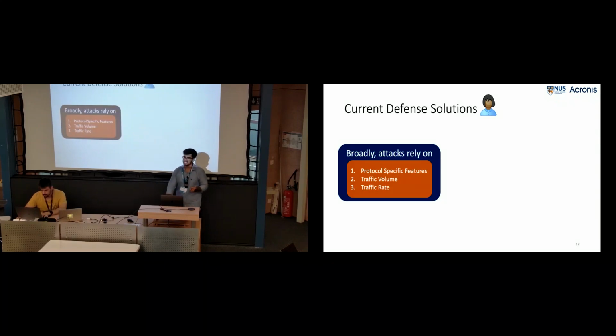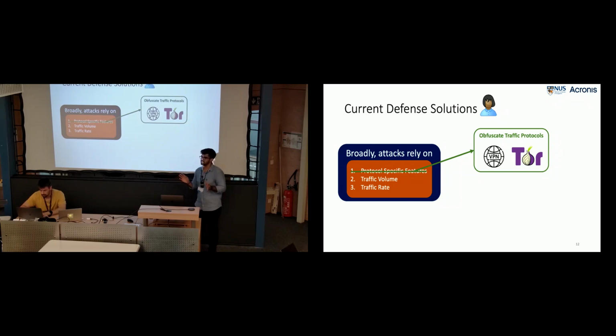The defense goal is naturally circumventing these attacks, and the protocol-specific features are easily taken care of as soon as a user deploys a VPN or a Tor network, because the header features are no more available for the adversary. However, the traffic rate and volume are still more than enough to identify the devices with near perfect accuracy.